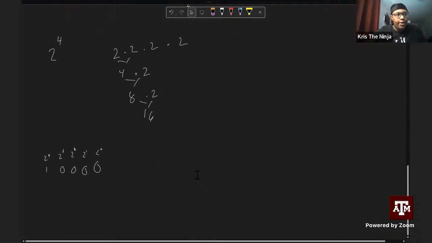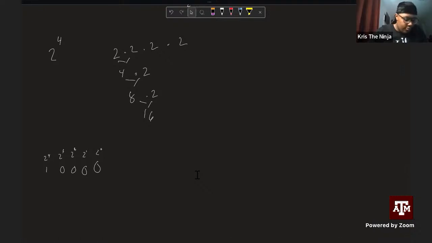Every tick of this binary count represents 1 bit changing at a time. You can essentially only change 1 bit at a time.